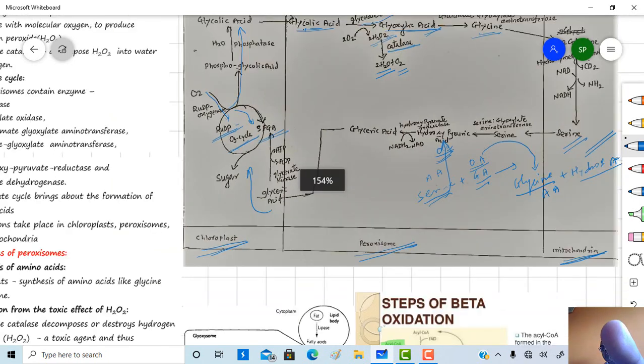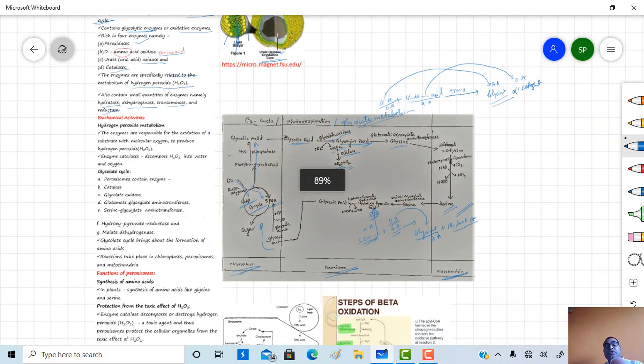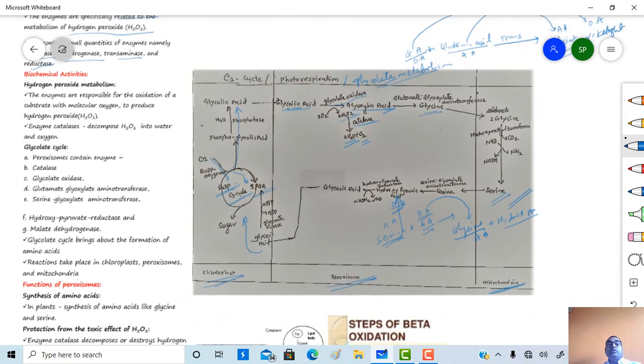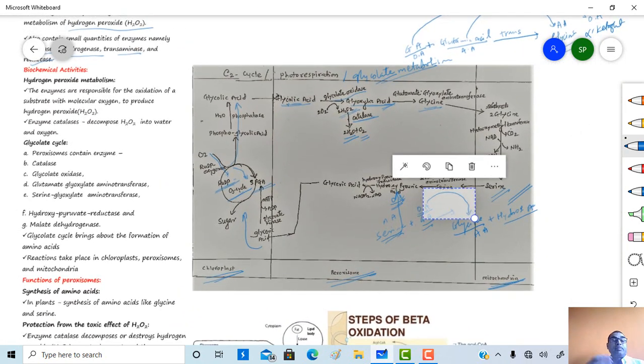So the details of this C2 cycle or photorespiration will be uploaded in the photosynthesis chapter later on.